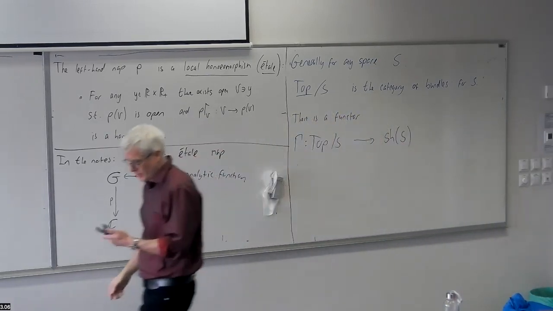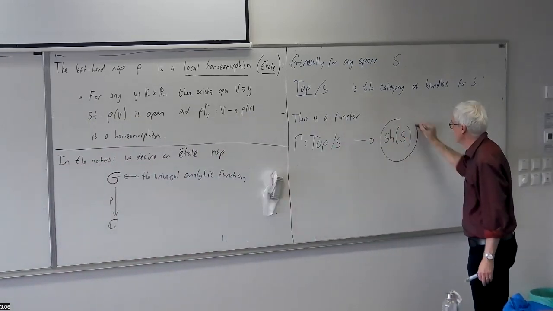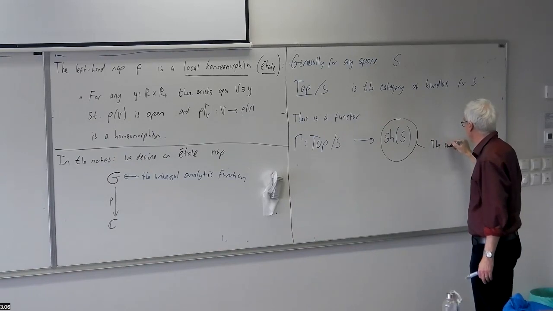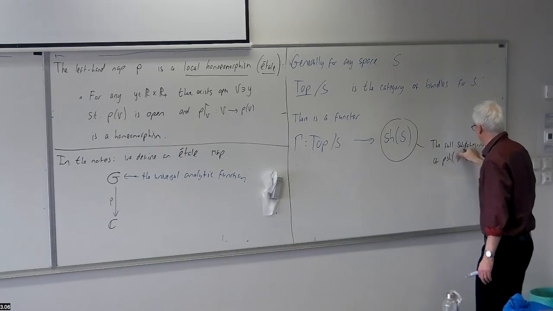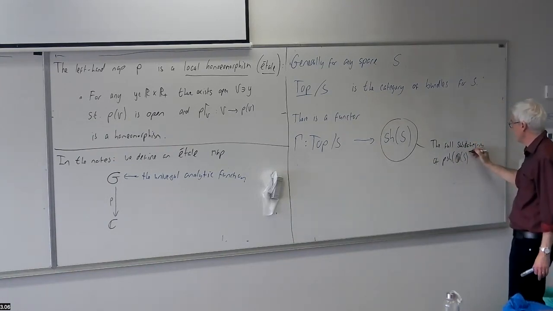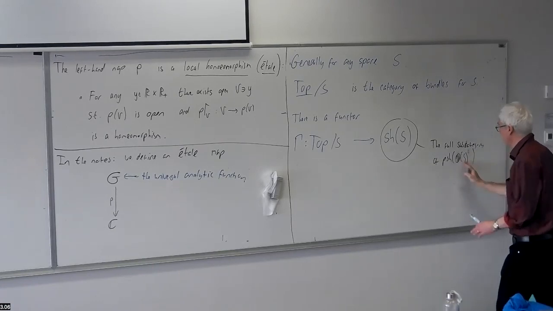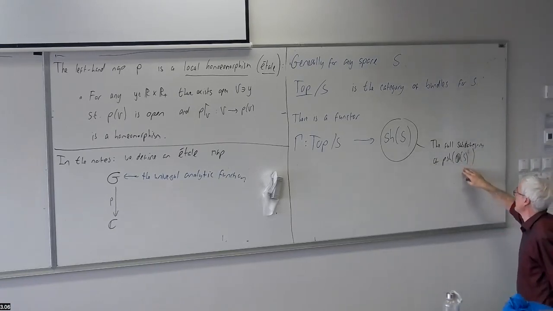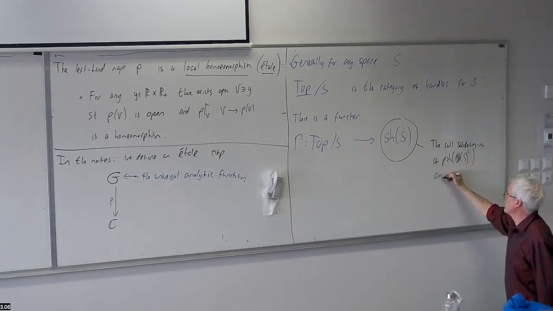So what's the category of sheaves? Well, this is simply the full subcategory of pre-sheaves. So I was writing pre-sheaves over a category, the category of pre-sheaves on the whole set of open sets of S. So this is simply the full subcategory of pre-sheaves on the sheaves.